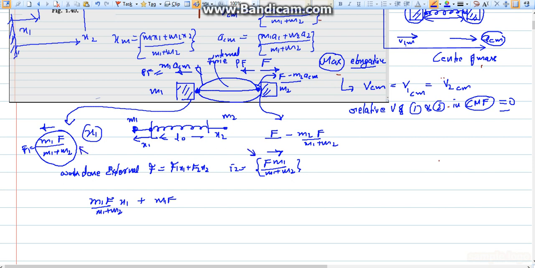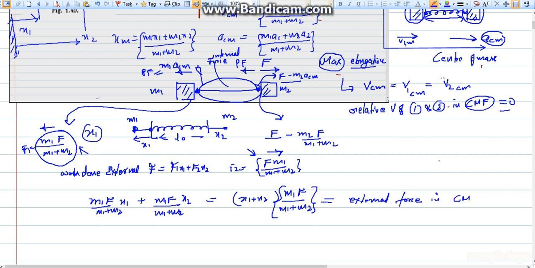Both the end forces are coming the same. This is equal to (x1 + x2) m1 F upon (m1 + m2). So this is the work done by external forces when you are looking in the center of mass frame, CMF I am writing.